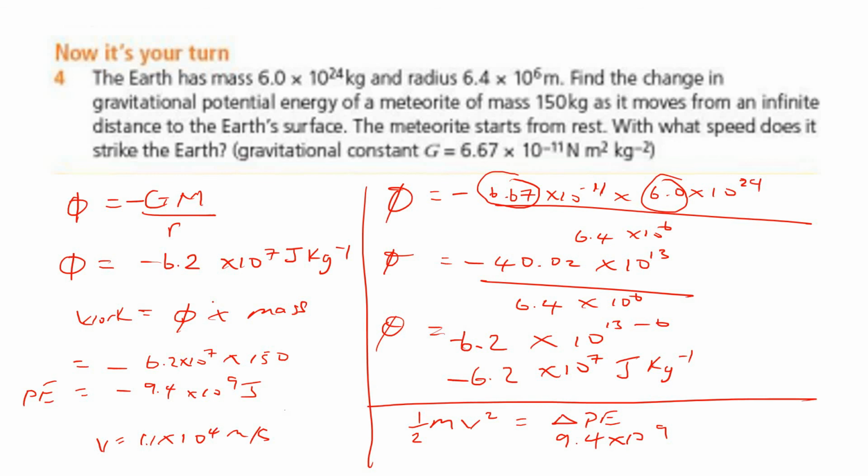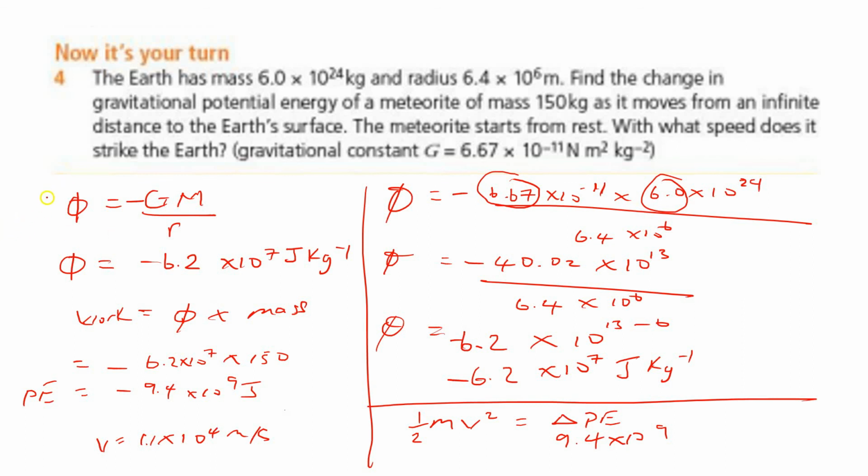Good. So we can find the potential energy that the object has by considering the whole aspect of gravitational potential.